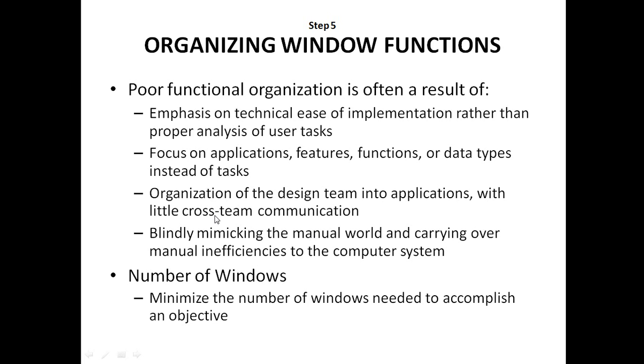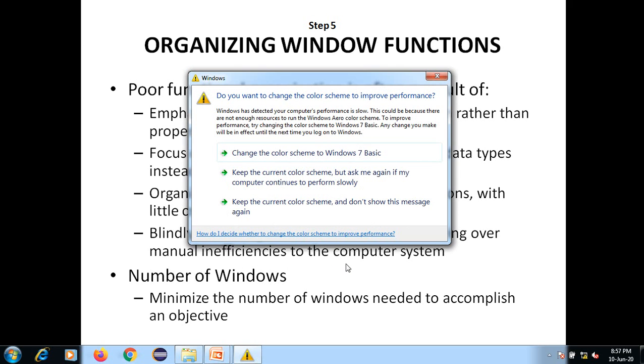Maybe we create teams for implementation of those tasks, and as we deal with application orientation, these teams may not be able to communicate with each other. The next one is blindly mimicking the manual world and carrying over manual inefficiency to the computer system.